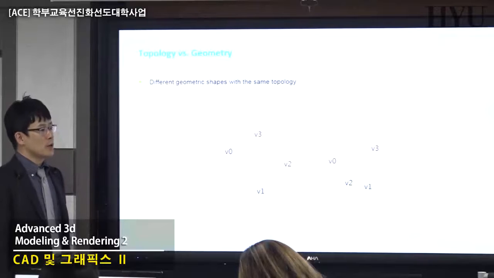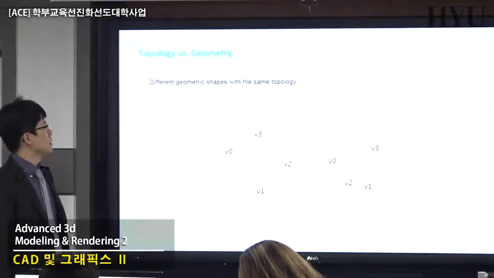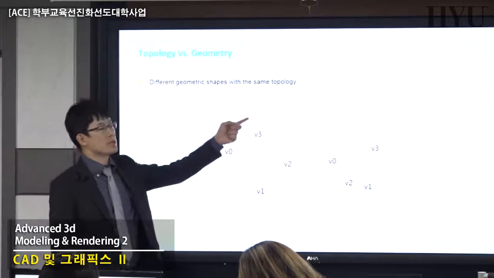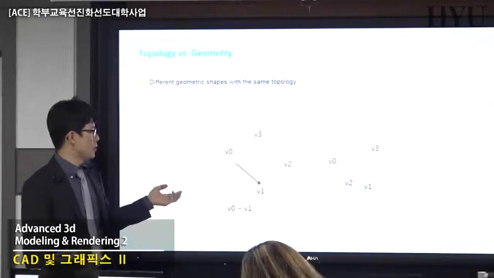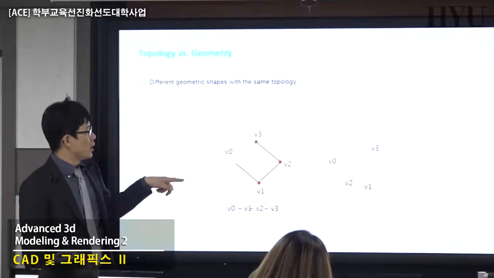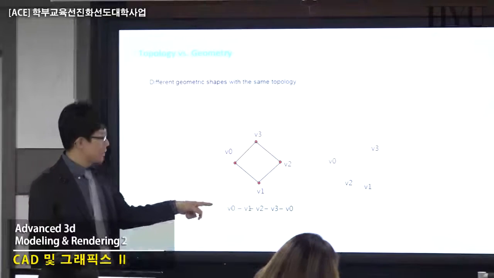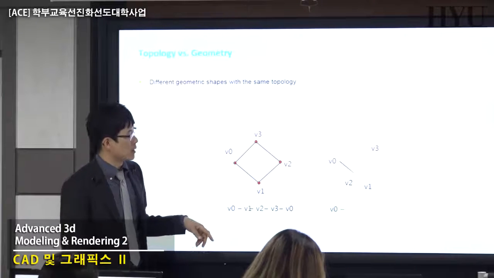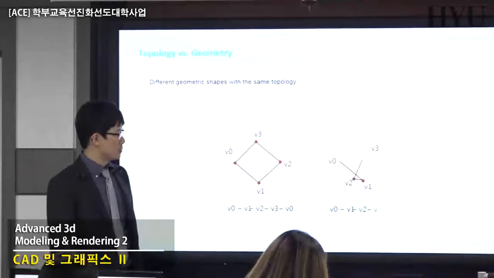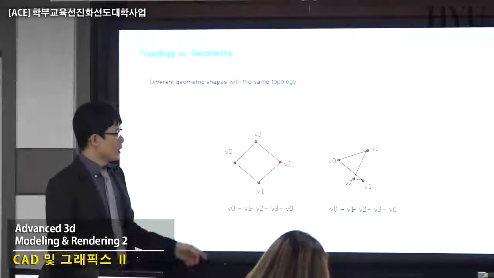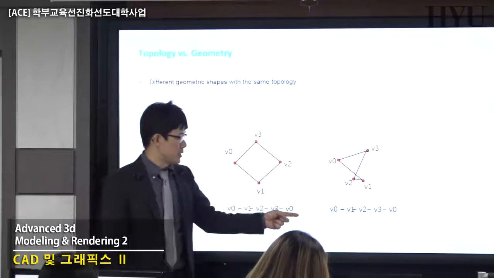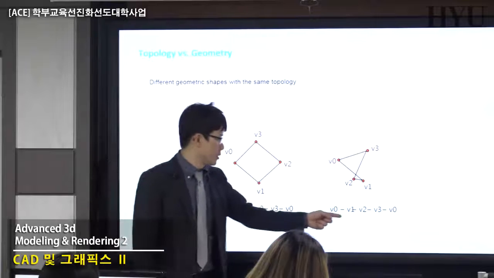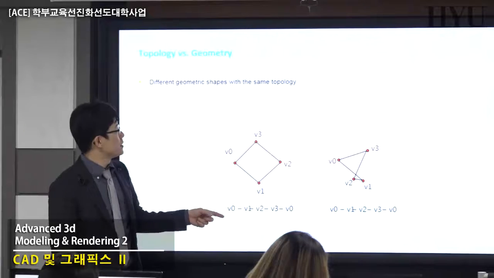So for a clear comparison between those two things, different geometric shapes with the same topology, let's take a look at this one. This one has this kind of connection. Another one, take a look at the connection, the relationship, totally the same.